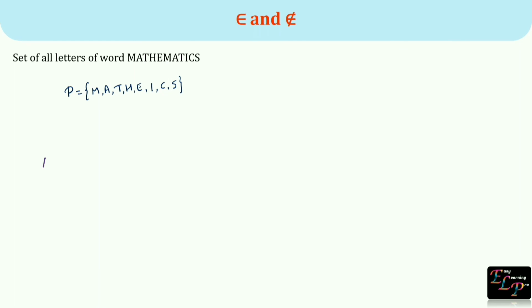Consider A. Letter A is present in set P, so we say element A belongs to set P. Consider S. Letter S is present in set P, so we say element S belongs to set P. Consider letter Q. Q is not present in set P, so we say Q doesn't belong to set P. Consider Y. Y is not present in set P, so we say Y doesn't belong to set P.